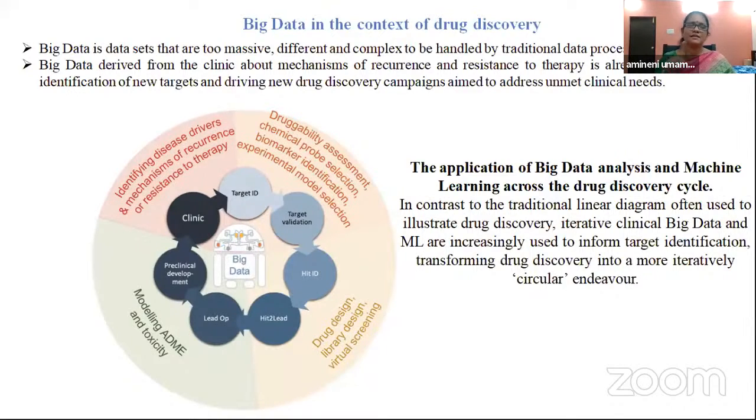If it is in a cyclic fashion and already prepared ones are present in the database, in the cyclic manner you can develop novel molecules. The same thing here: target identification, target validation, hit identification, hit to lead, and lead optimization, preclinical and clinical studies.